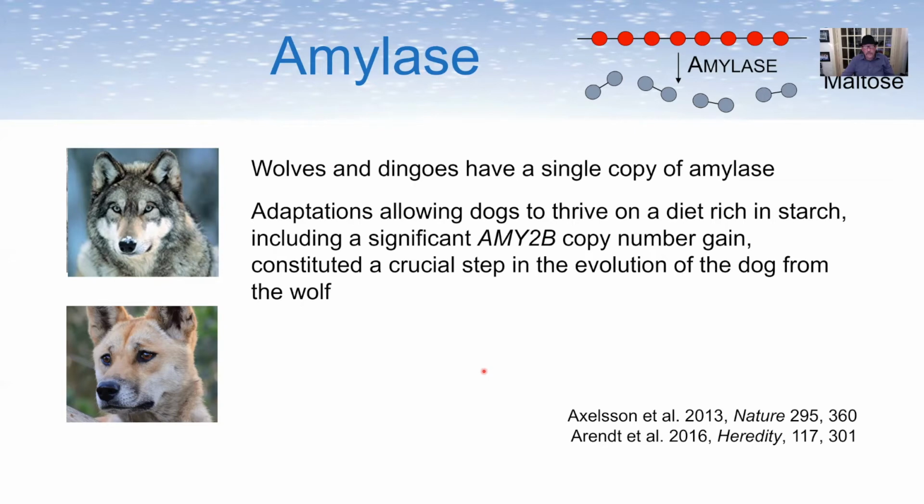It's thought that this probably occurred somewhere around the Neolithic, when people started to cultivate rice. They then fed tamed and then domestic dogs rice, and it was those animals, those canids, that increased in fitness due to that feeding, that were more likely to be associated with humans at that time.